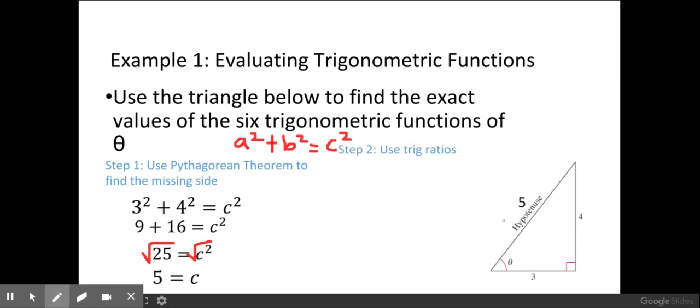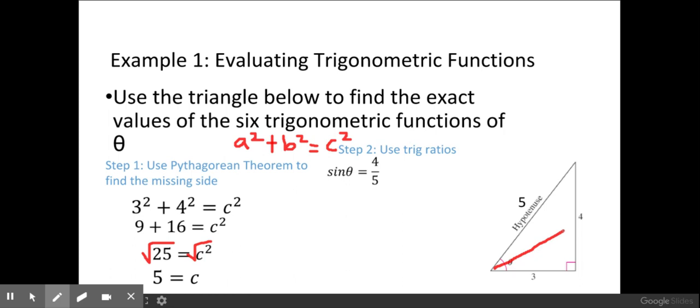Now that I have all 3 sides, my next step is to use the trig ratios to write out the 6 trig functions. I like to always do it in the same order: sine, cosine, tangent, and then the reciprocal functions. First, sine is always the opposite over the hypotenuse. Here we have the hypotenuse labeled.